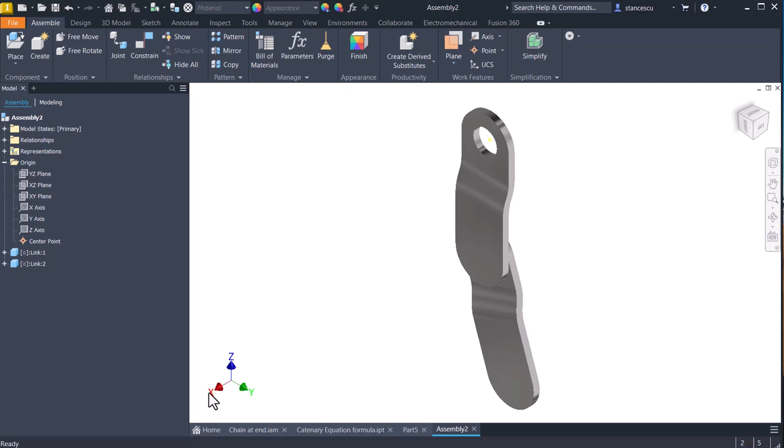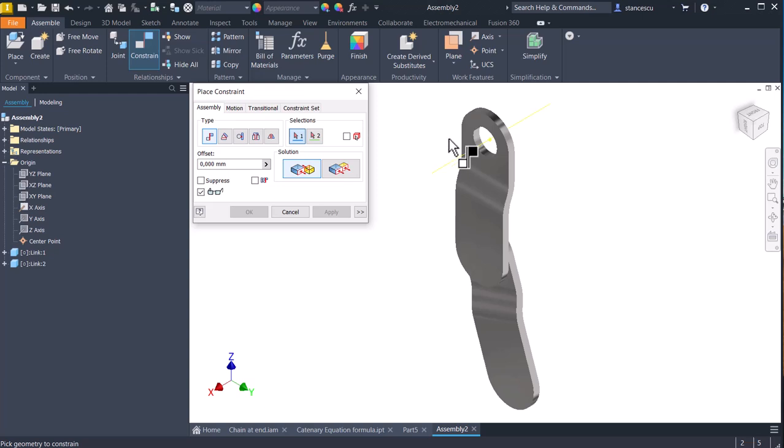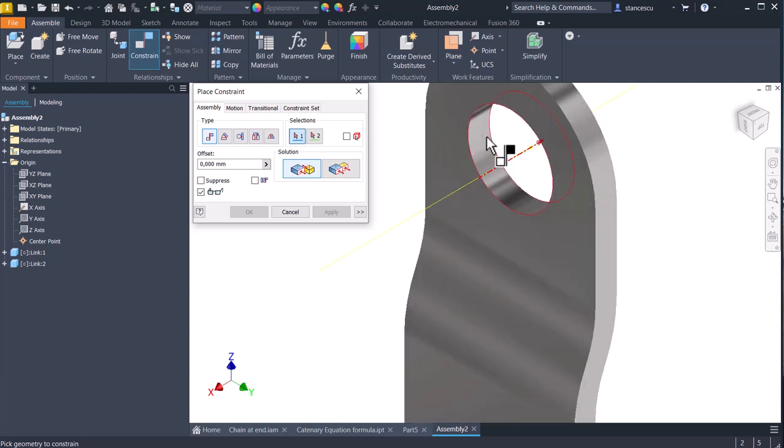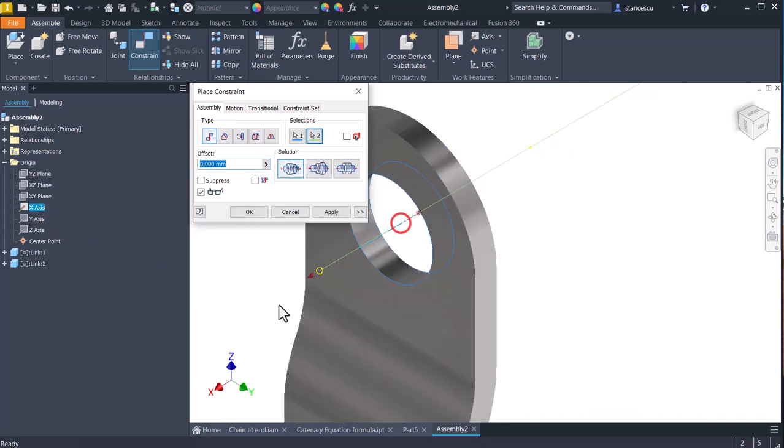Also this axis is there, and I make it visible. I constrain the axis of this with the axis of here. Apply.